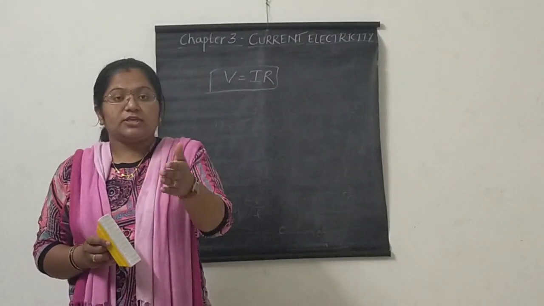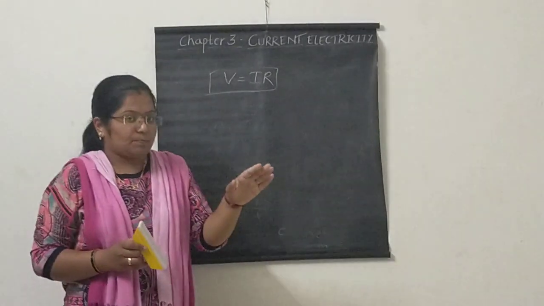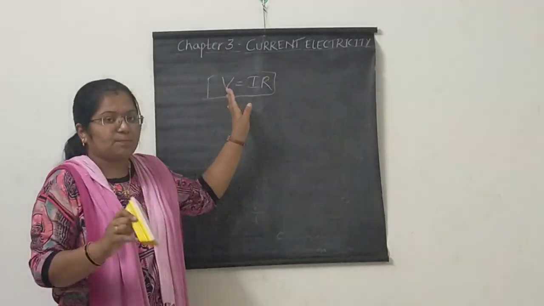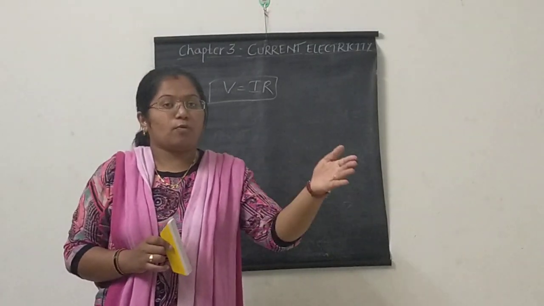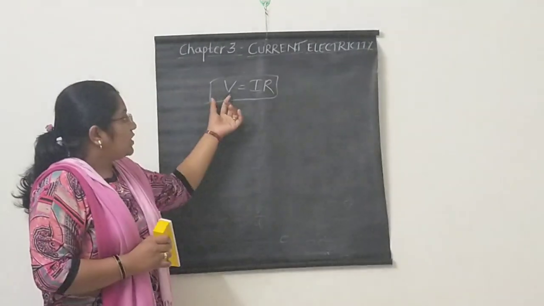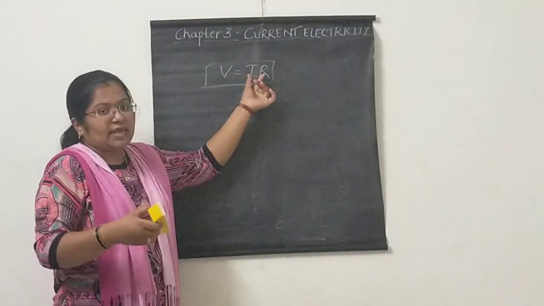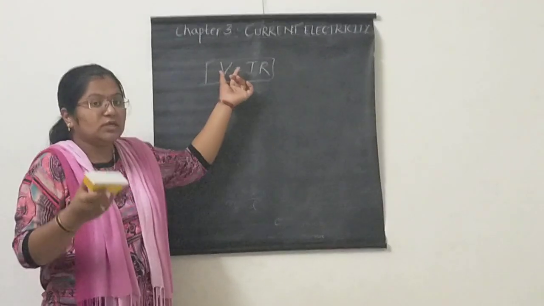I will teach you in different forms. Like that, Ohm's law will be the same; it is not changed, it is unchanged. The original is the same, the meaning is the same, but we can study it in different forms. Like V is equal to IR, the parameters we can change, but the meaning remains the same. The form just changes.